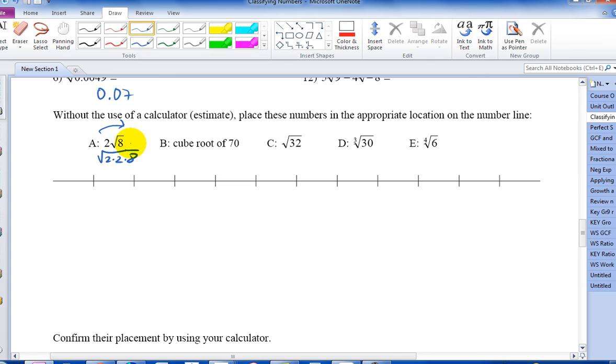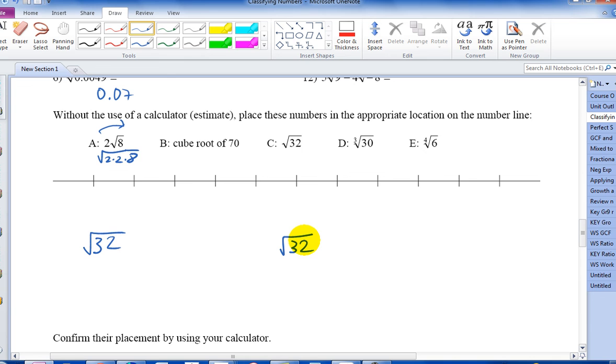If you have the number on the outside, when you bring it inside, you have to do the opposite of square rooting. You have to square it. So 2 times 2 is 4, and then 4 times 8 is 32. You'll notice that A and C are exactly the same.